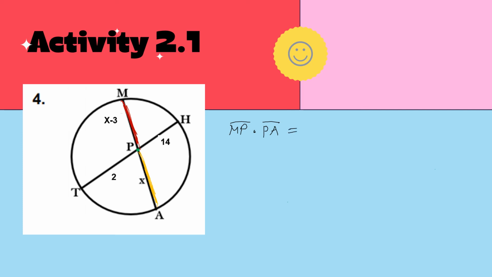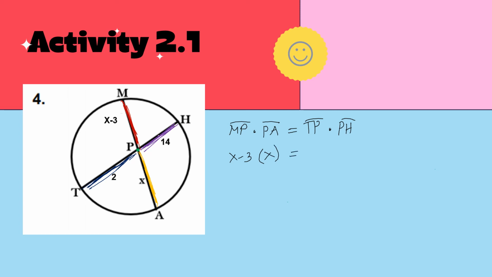Equals TP times PH. So, equals TP times PH. Yan. So, MP is x minus 3 times PA is x.